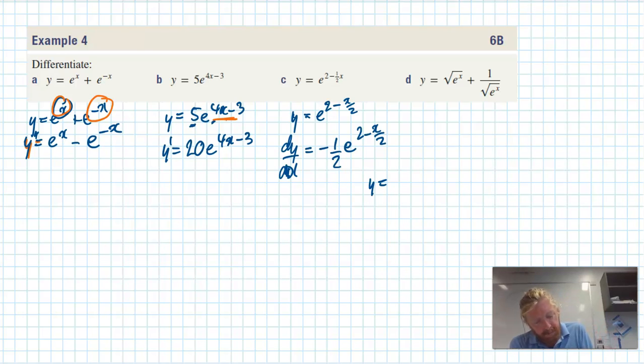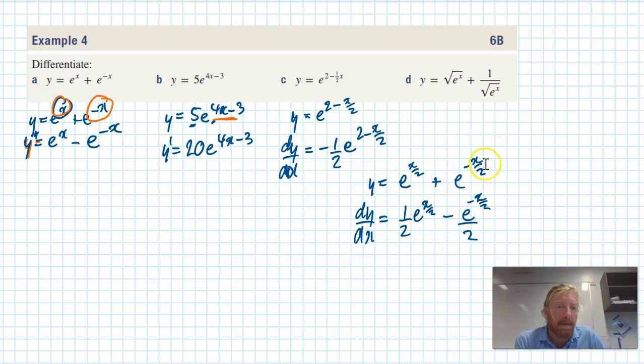That's a half, so it's e to the x on 2 plus e to the x on 2 but on the bottom, so e to the negative x on 2. From here we're very similar to the first one. 2 dy dx equals a half e to the x on 2 minus e to the minus x on 2 on 2. Sorry, that's because the derivative of that is minus a half. So that comes here.